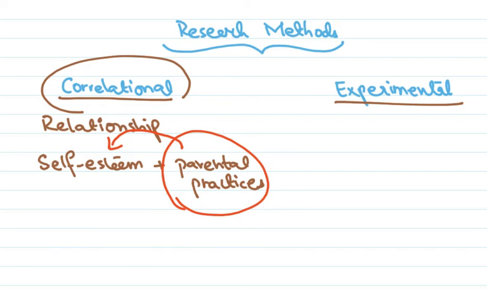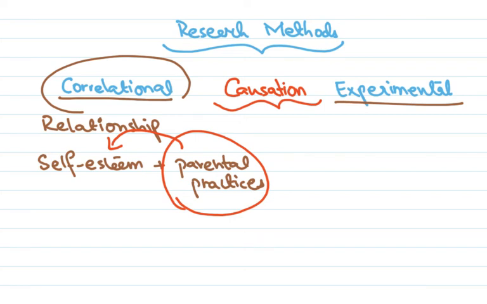All you can say is that these seem to be related, because you're not controlling either of the variables. Therefore, you cannot make conclusions about causation, about what variable causes another. All you can say is that two variables are related.